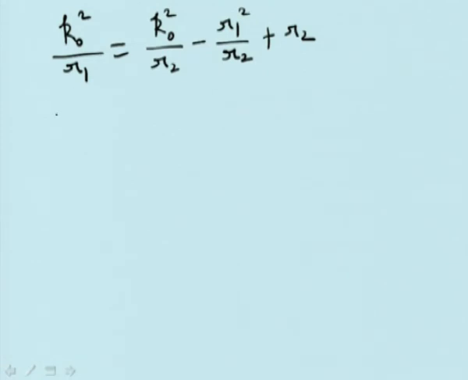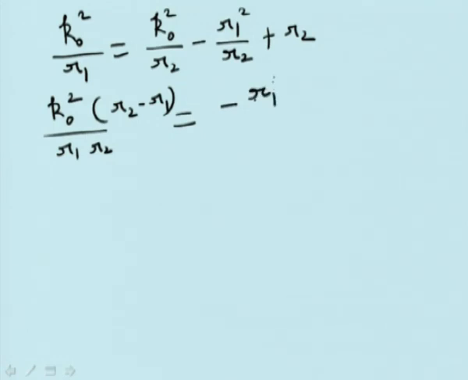So K0 square, with R1 R2 taken as common, times R2 minus R1, is equal to minus R1 square by R2 plus R2, or you take 1 by R2 common.